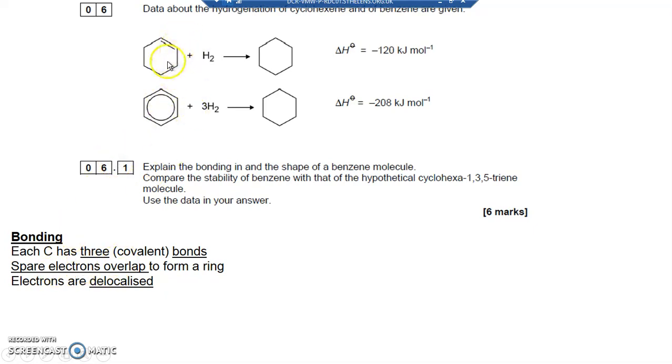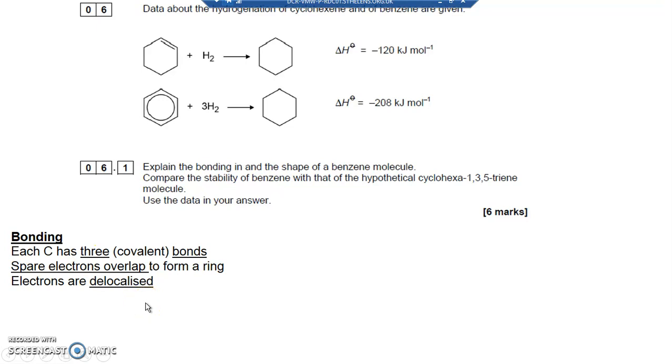Overlaps means it's shared between each of the 6 carbons. Each of the carbons has a spare electron, and it's shared around, and it moves, and it's delocalized. Just something to remember.